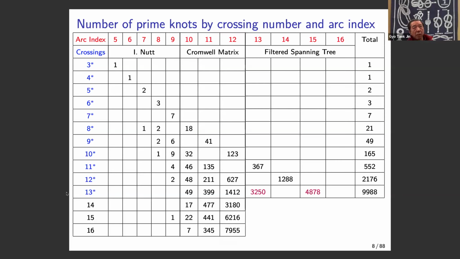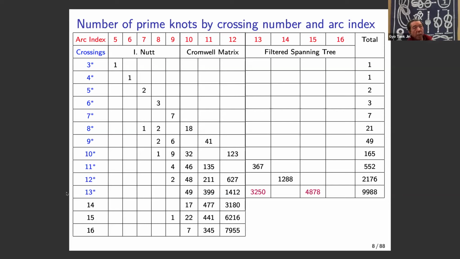And for the case of arc index 13, 14, 15, and 16, we used a different method, the filtered spanning tree method, which I will explain later.